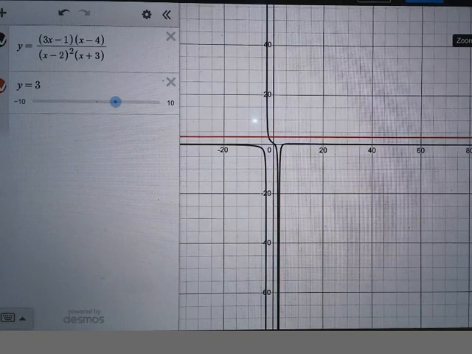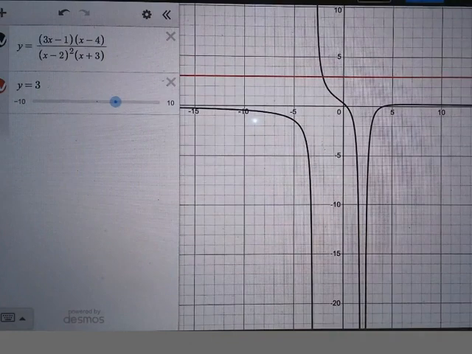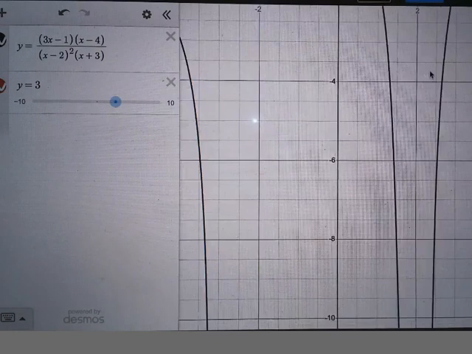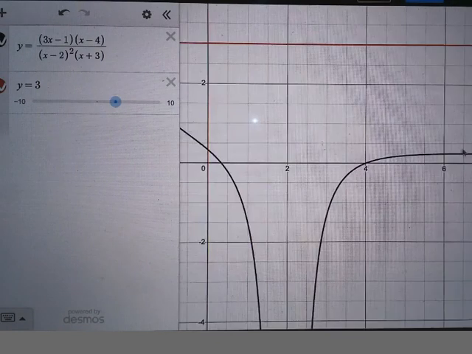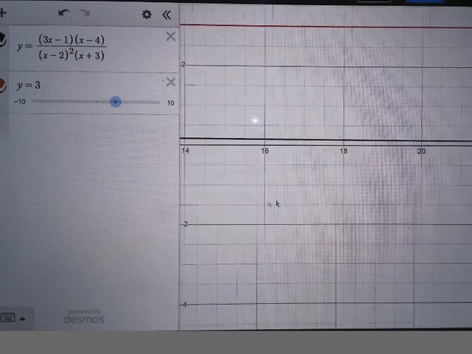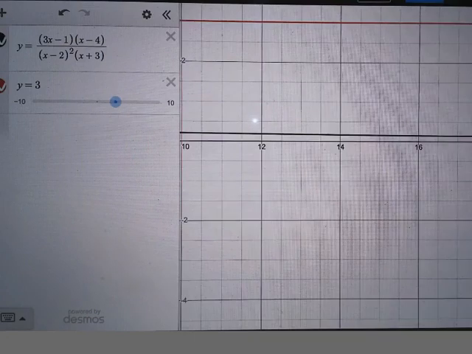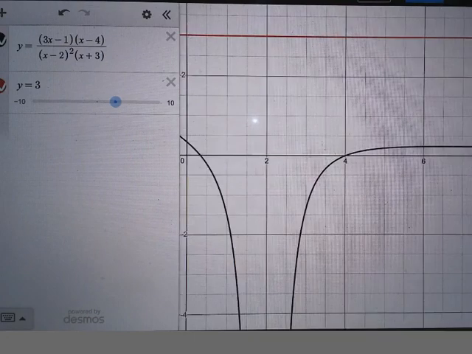I'm going to look closer at this, even closer. And you see how this has gone up? But as we move out, it's going to get closer and closer and closer to 0. And same with the other side.